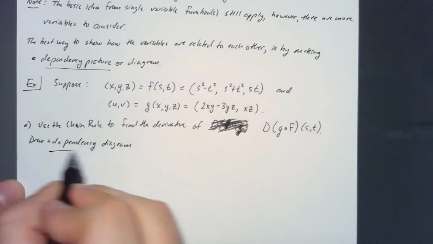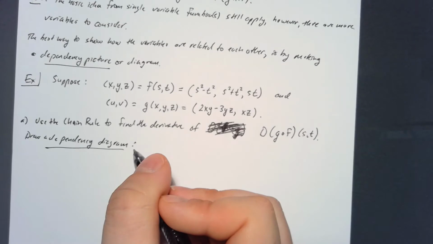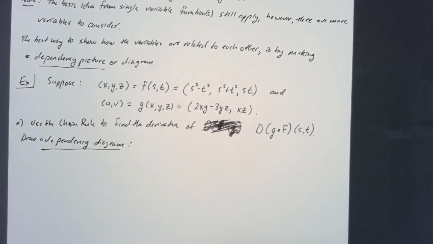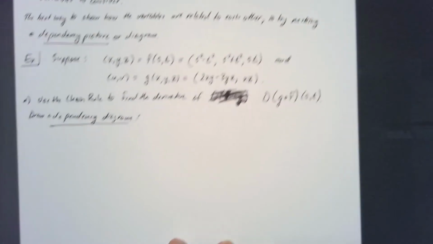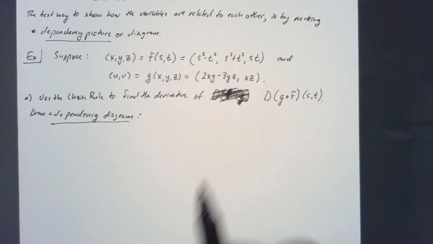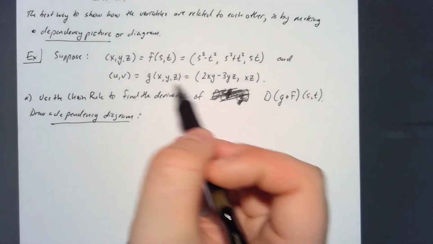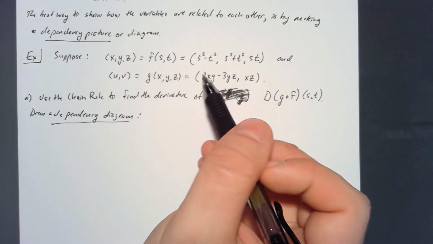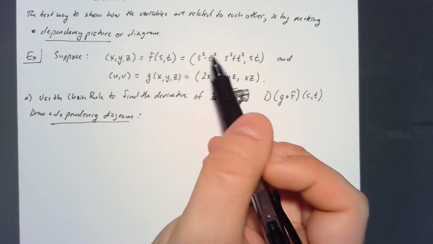That's all you're going to do. Draw a dependency diagram. It doesn't matter how you set this up. All you have to do is see how the variables are related to each other. As you can see, g is a function of x, y, and z, and f is a function of s and t.